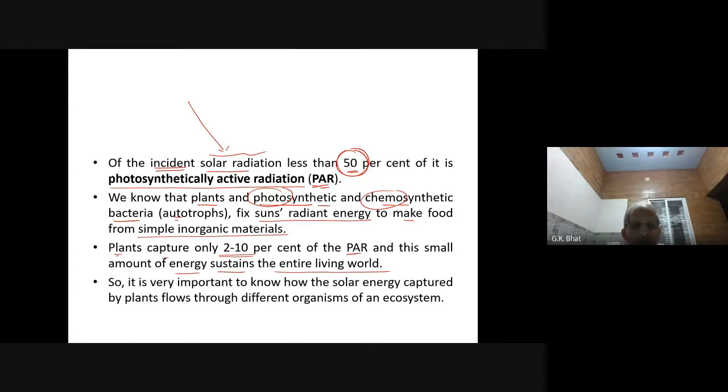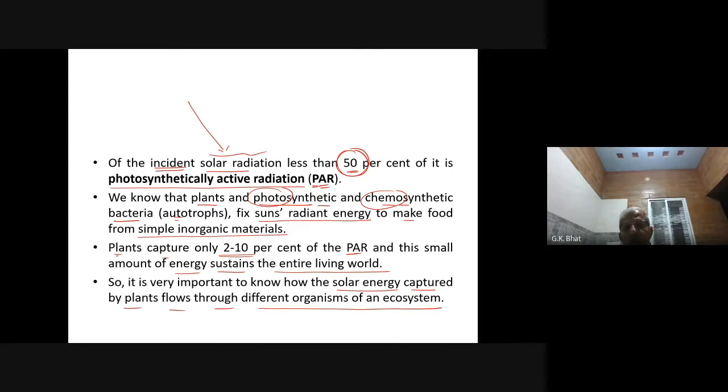So, it is very important to know how the solar energy captured by the plants flows through different organisms of an ecosystem. Now we know it is the plants that convert this solar energy into chemical energy or food energy.